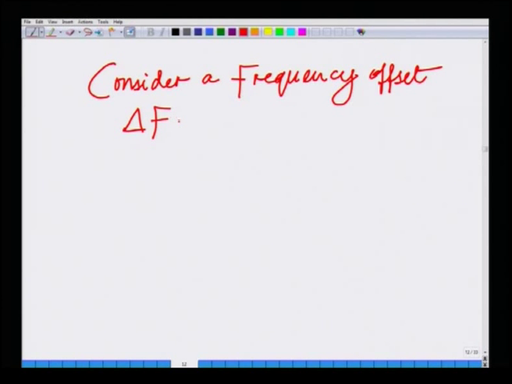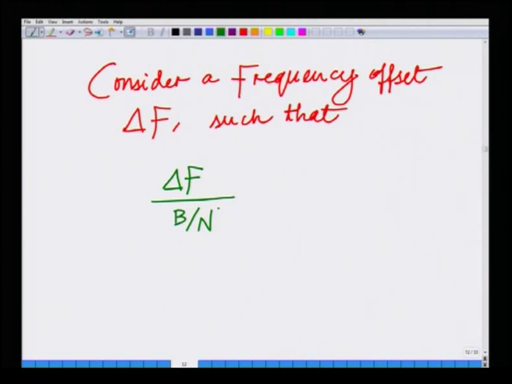So, we start by considering a frequency offset delta f such that delta f divided by B over N, the subcarrier bandwidth, equals epsilon.